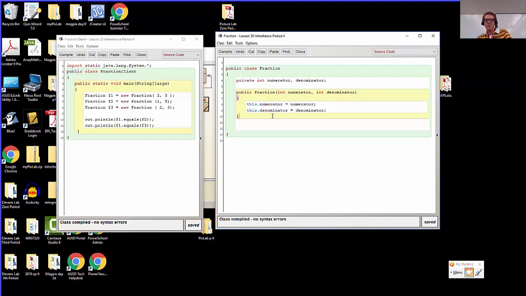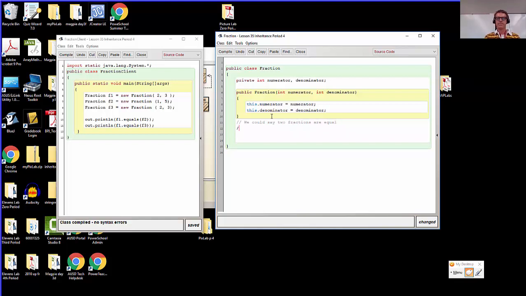Your boss might be your professor in college, your manager in the workplace. Of course, it's the college board or your teacher in high school. Okay, so we got some options. We could say two fractions are equal if they have the exact same numerator and denominator.